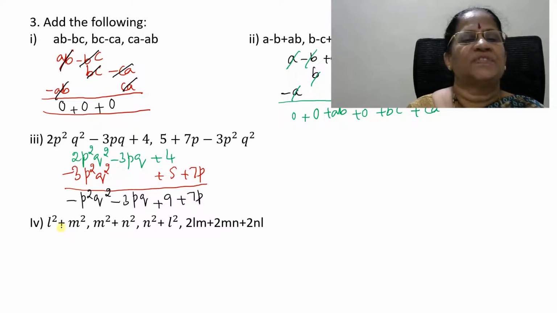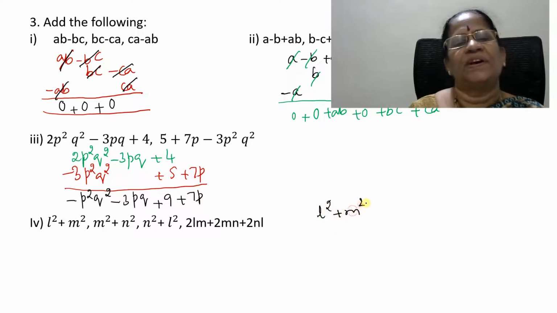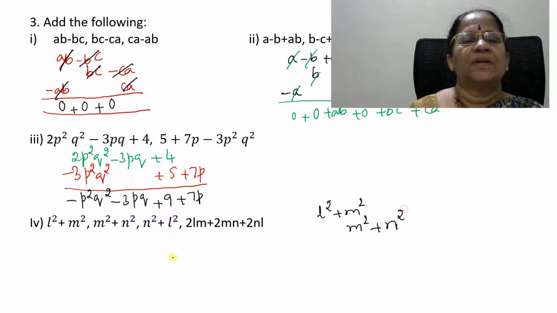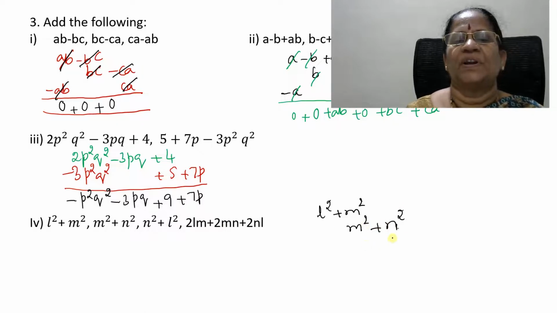Next, fourth sum, L square plus M square. Let me do it here. L square plus M square. Then M square plus N square. M square plus N square. Next, N square plus L square.